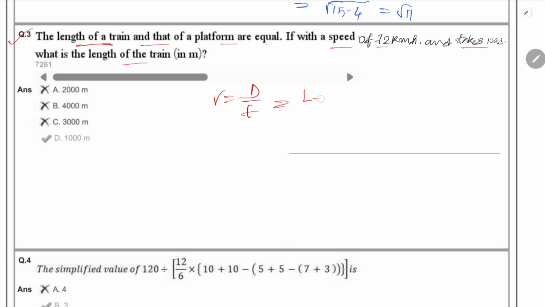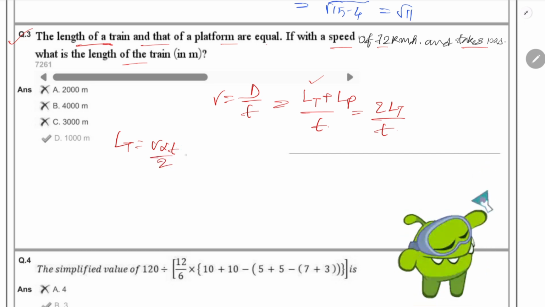Distance is equal to the length of the train plus the length of the platform, divided by the time. We have to find the length of the train, and it is given that the length of the platform and train are equal, so we can say 2 into LT by time. So now LT is equal to V into T by 2.